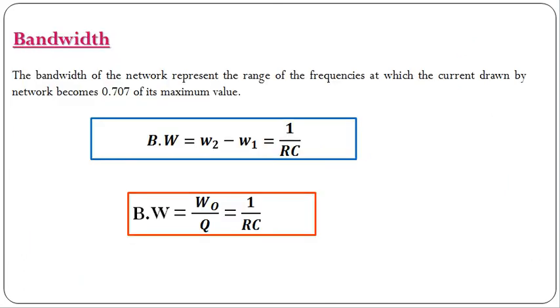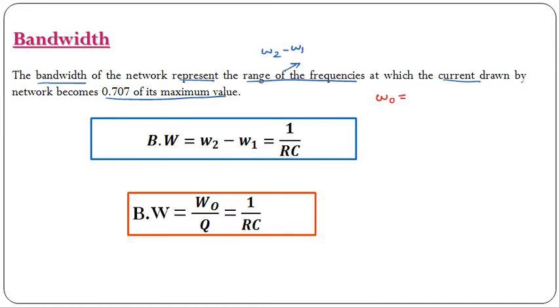Now let us see bandwidth. So the definition of bandwidth is: the bandwidth of the network represents the range of the frequencies at which the current drawn by the network becomes 0.707 of its maximum value. So range of the frequency means if we take the difference between the upper cutoff frequency and the lower cutoff frequency, then we will obtain the value of bandwidth. So the formula of bandwidth is given by omega 2 minus omega 1.